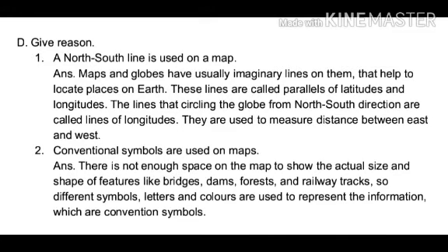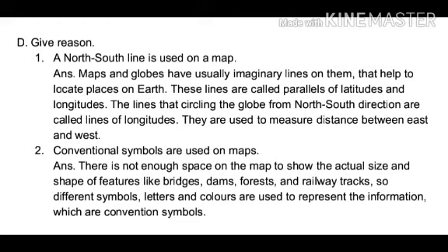These lines are called parallels of latitudes and longitudes. The lines circling the globe in the north to south direction are called lines of longitude. They are used to measure distance between east and west.